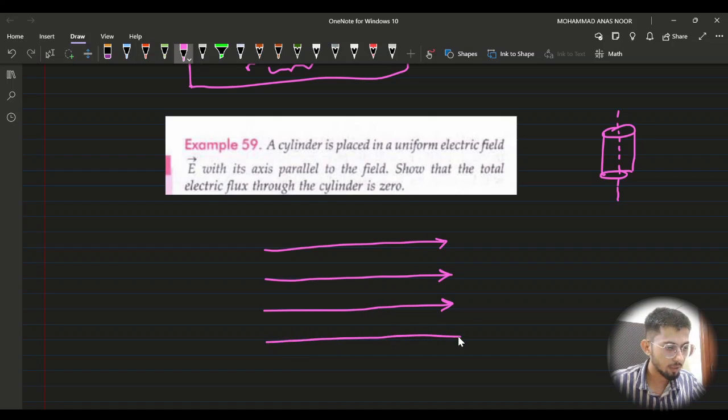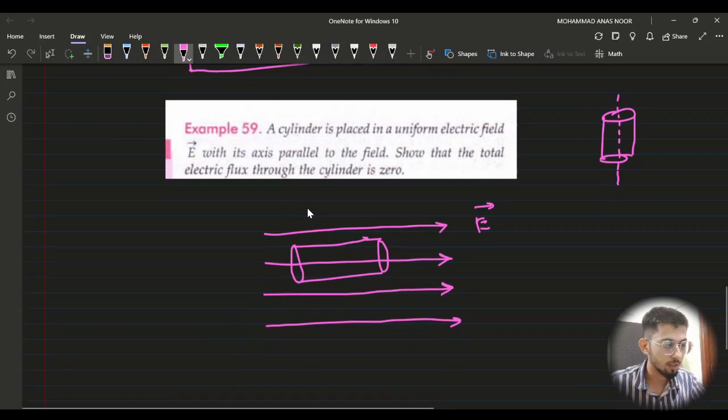Uniform electric field is given, so we can draw like this. Now a cylinder is placed inside this electric field and the axis is parallel to the field. That means a cylinder would be placed like this. We need to show that the total electric flux through the cylinder is 0.